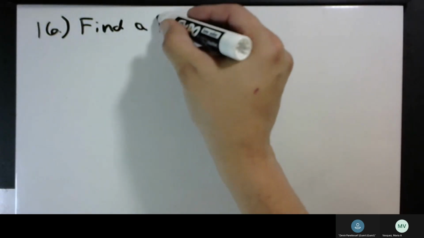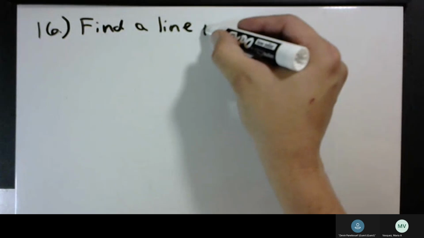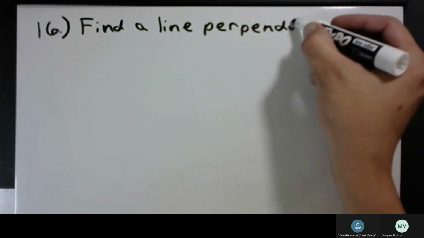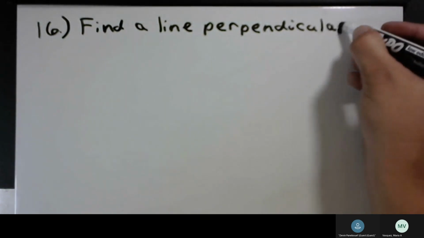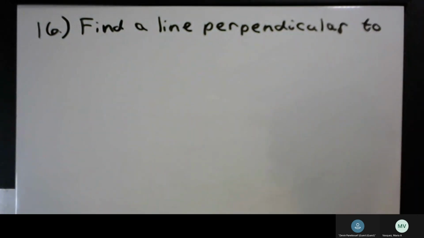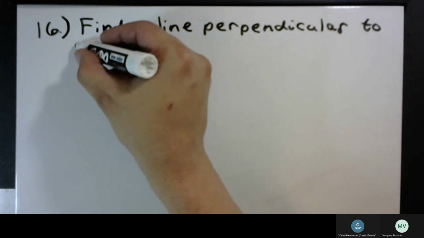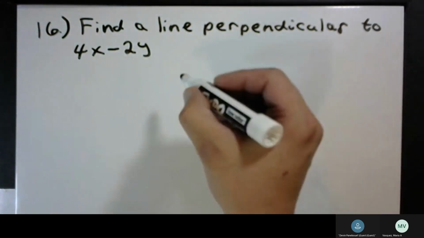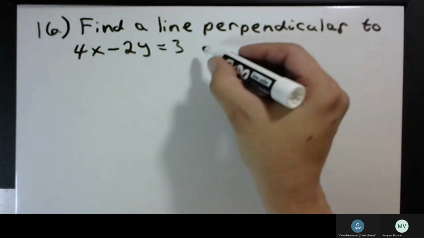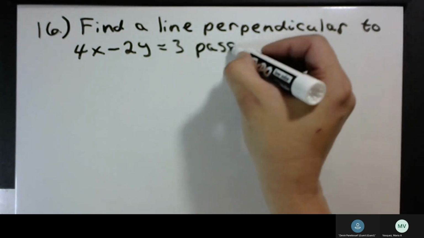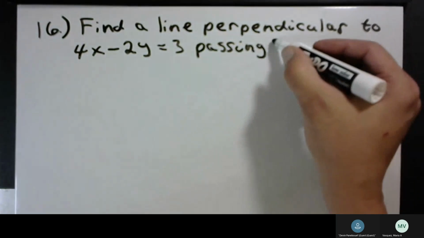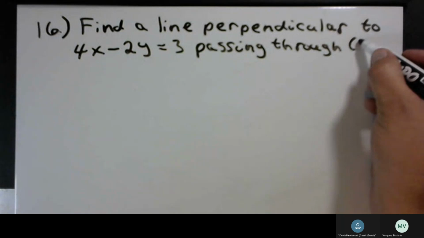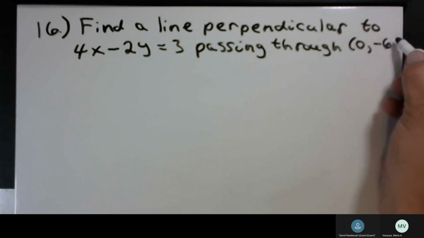Find a line perpendicular to 4x minus 2y equals 3, passing through 0, -6.